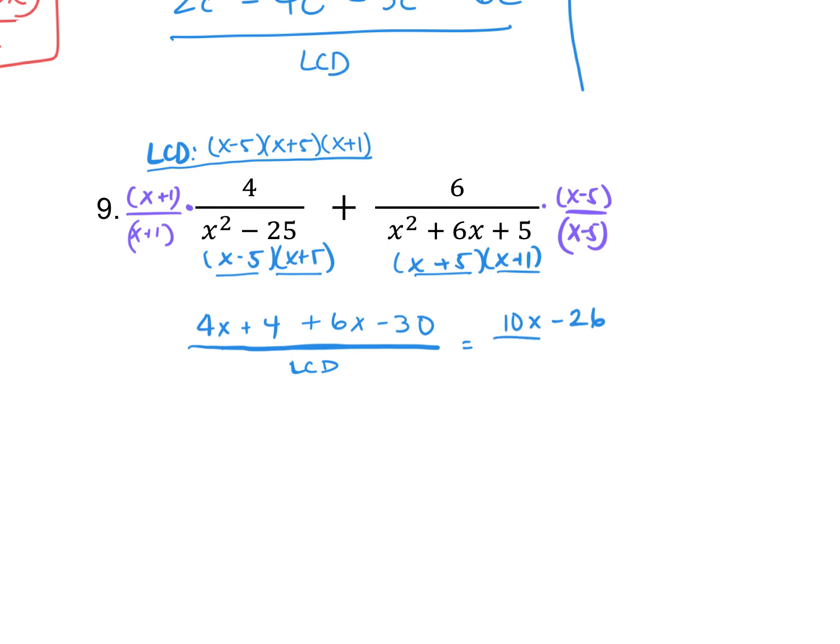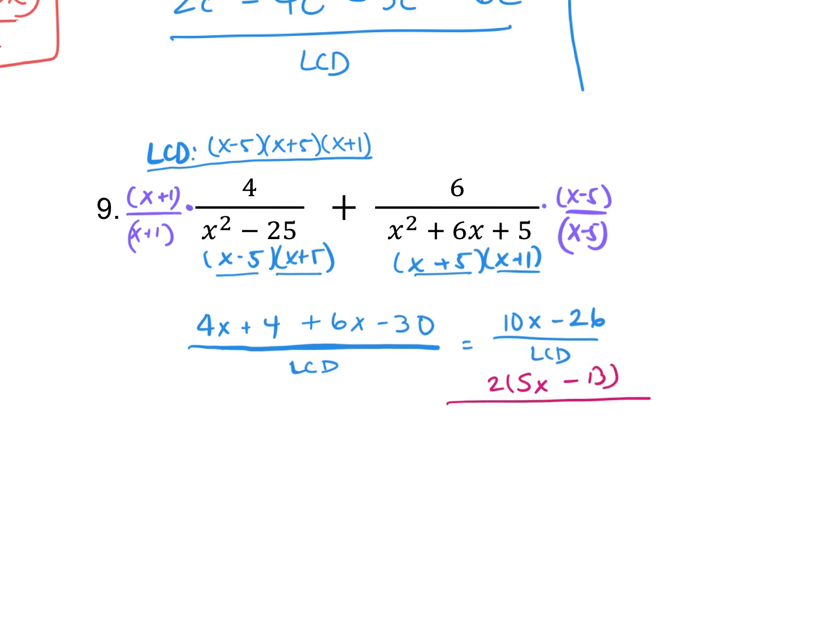And over the LCD. And what I want to do now is factor out a 2 on the top here and see if there's anything else that will come of it. So if I factor out a 2, I wind up with 5x minus 13.